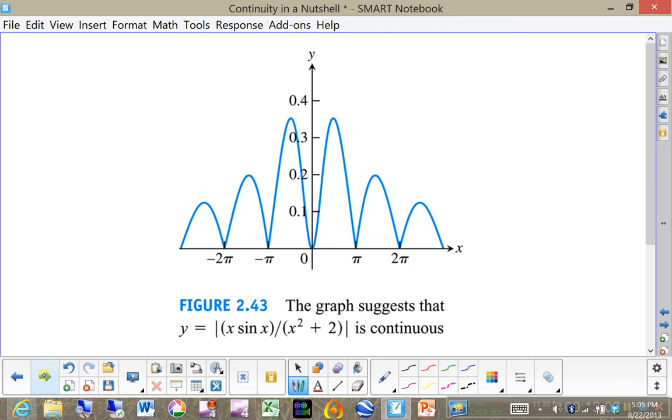And then we have a function here, x sine of x divided by x squared plus 2 in parentheses.